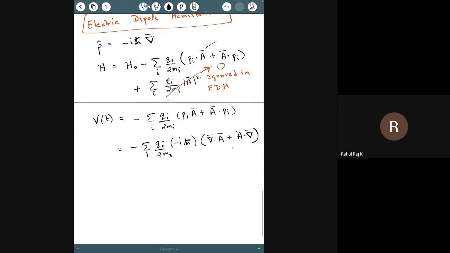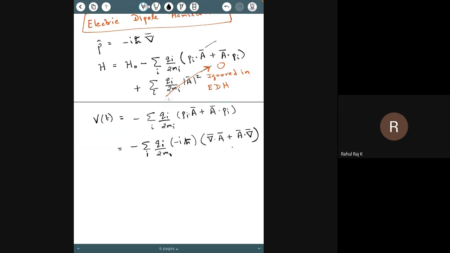Now we can simplify this a little bit more. So if we consider del acting on psi, that is basically divergence of A acting on psi plus A dot the action of grad on psi.